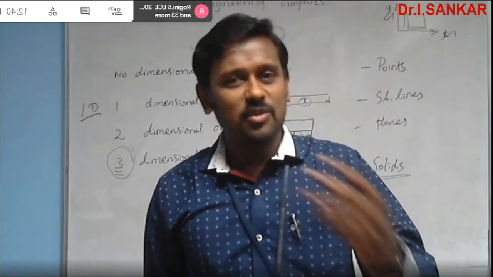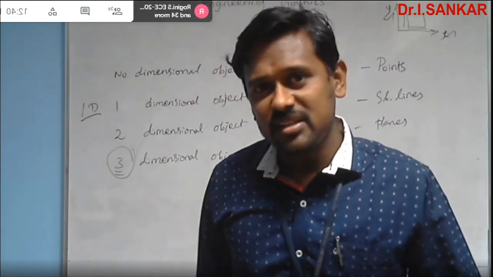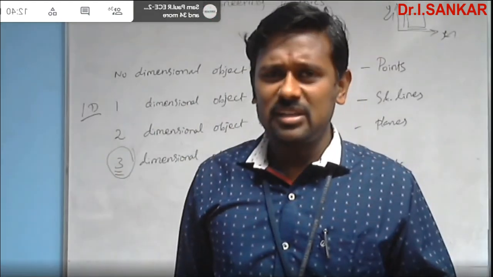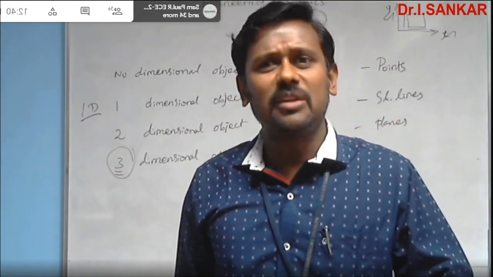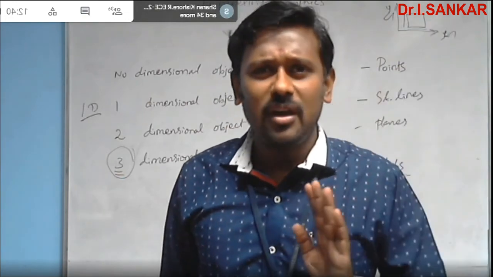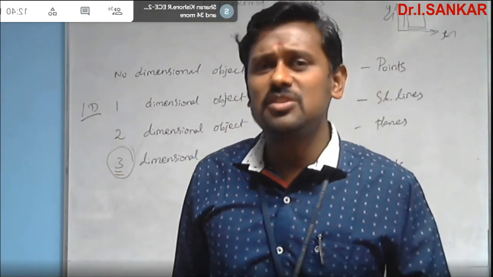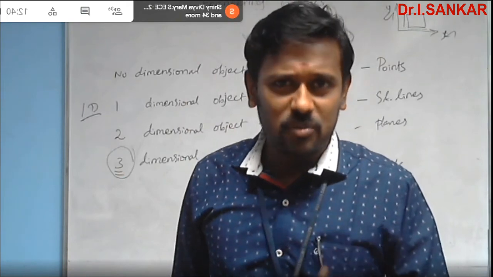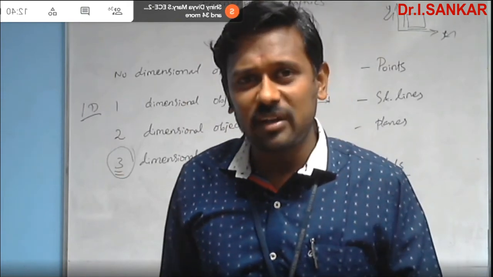In the next unit, we are going to deal with the solids, and then in the next chapters, sections of solids, development of surfaces, isometric projection, freehand sketching will go on. But the core concept behind all these units is only orthographic projection. This is what we are going to practice in our engineering graphics.